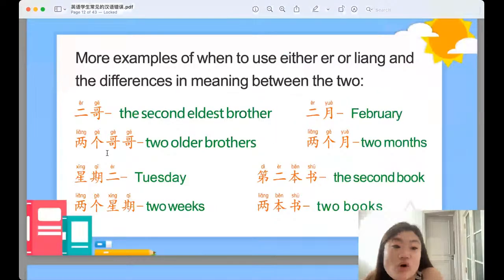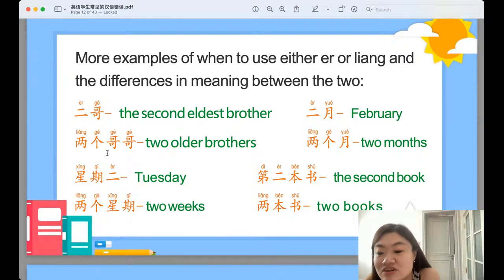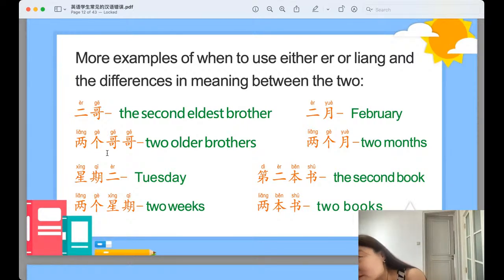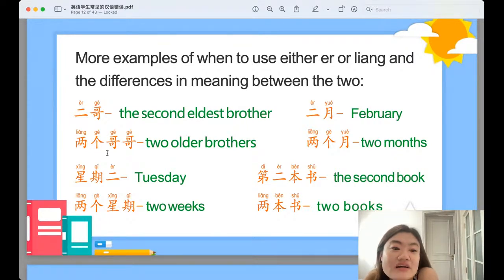So let's go over more examples of when you use 二 or 两. If I want to say the second oldest brother, we say 二哥, because you put your brothers in order based on their age. But if you say I have two brothers, you're actually counting, so you say 两个哥哥.